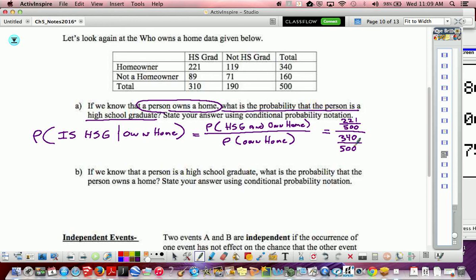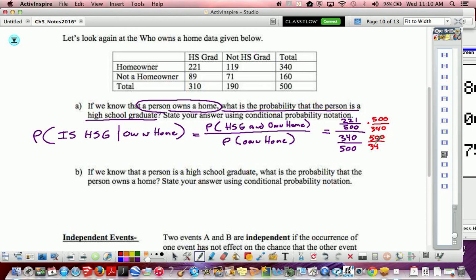Now, if I simplify this, I've got a fraction over a fraction, so how do I clear out this fraction in the denominator? What do I multiply by? Just the reciprocal, the opposite reciprocal, or perpendicular lines. So we just flip: multiply the top and bottom by 500 over 340.